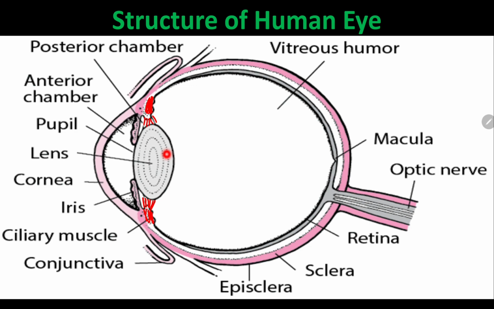Whenever the suspensory ligament contracts, our ciliary muscle relaxes, and our lens will get more and more stretched. Yes, the lens will get stretched, and it will become thinner, more flat.